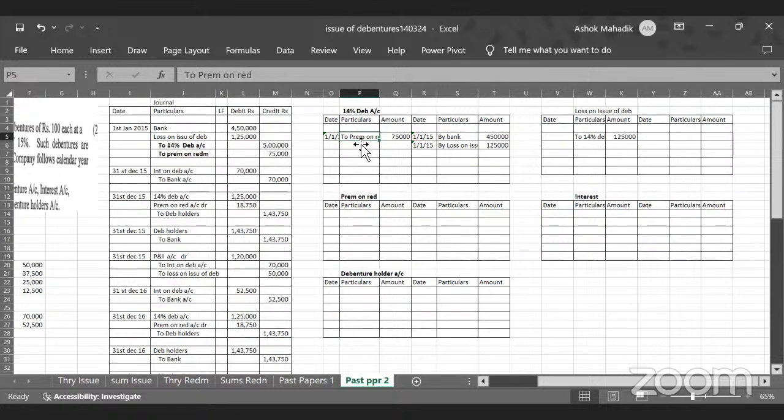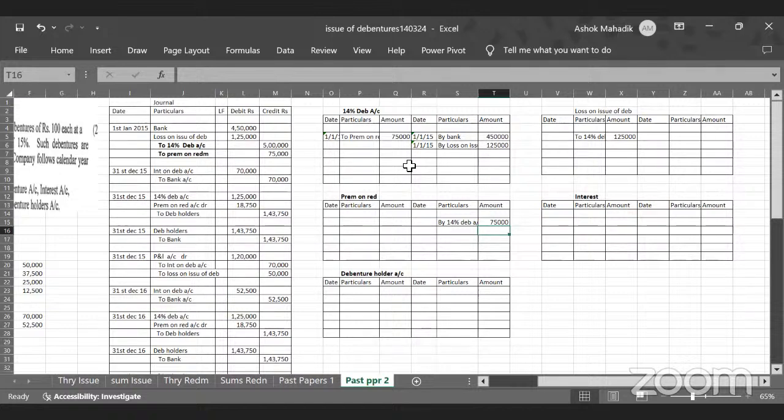So in 14% we have written to premium on redemption. So in premium on redemption we will write by 14% debenture account. Clear? What is the amount? 75,000. So we have given second effect of all the accounts which appeared in the first entry.